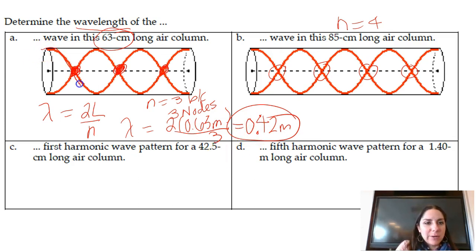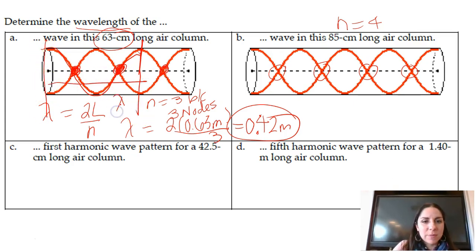From here to here is one full wavelength. If I cut it off, that's a wavelength, 0.42. Notice the length of the pipe is 63, so it's about 2/3 of the pipe. That's what we're measuring here, the wavelength, not the length. The length is L, the length of the pipe.